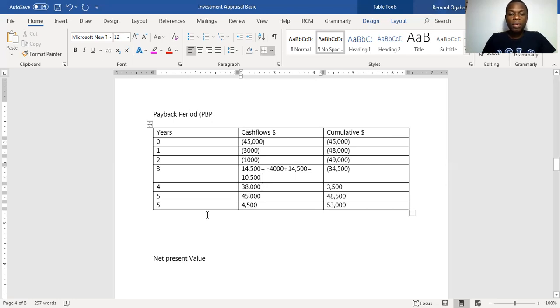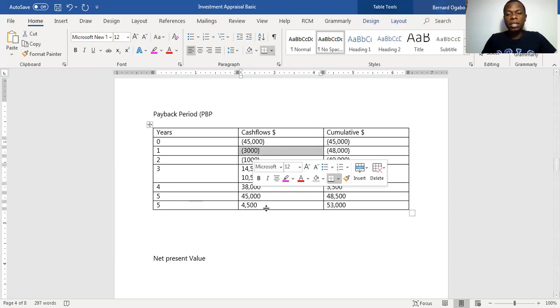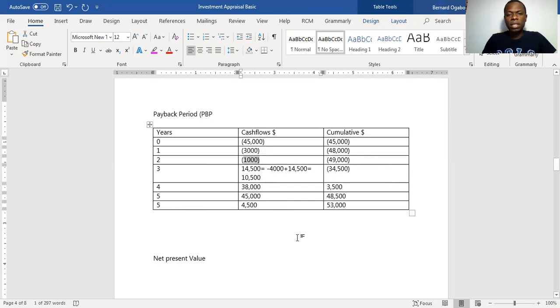So how do I calculate my payback period? Year one, I don't have what I need. Year two, I don't have what I need. In the third year, I have only been able to recover 10,500.